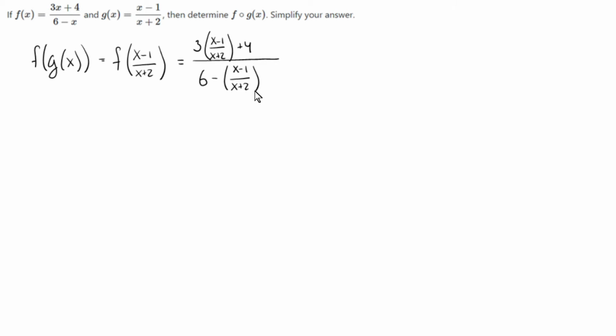Okay. Now, in order to proceed here, we want to add these two terms in the numerator, subtract these two terms in the denominator. Whenever we're adding terms that include quotients, we need to make sure we have the same denominator. So here our lowest common denominator, both in the numerator and in the denominator, is going to be x plus 2.